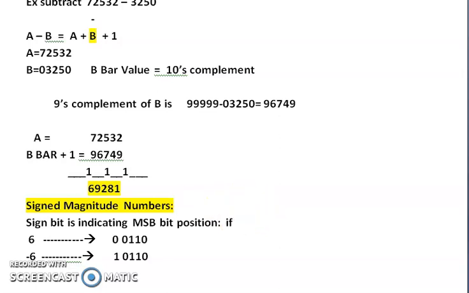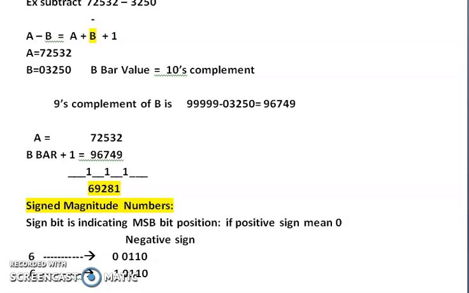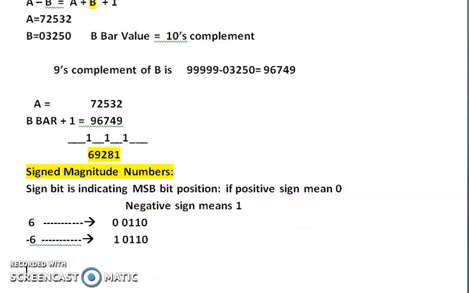A positive sign means 0 and a negative sign means 1. If the number is positive you put the MS bit as 0; if it is negative you put the MS bit as 1. You can put any number like this. That is called the sign and magnitude numbers.